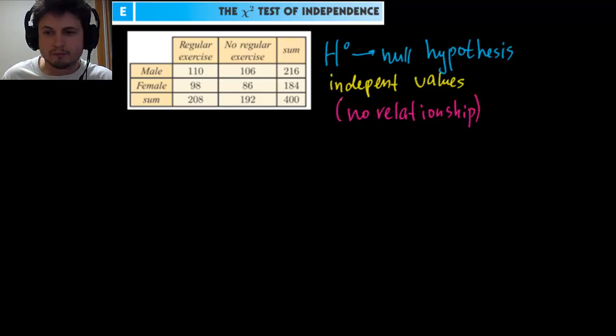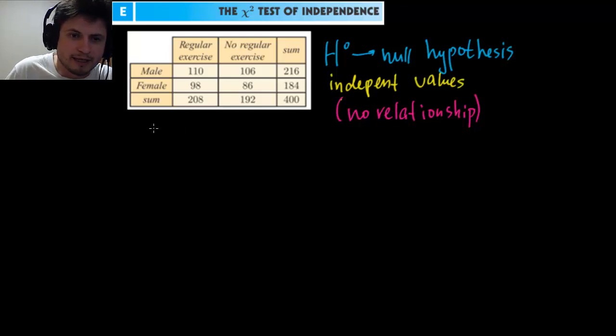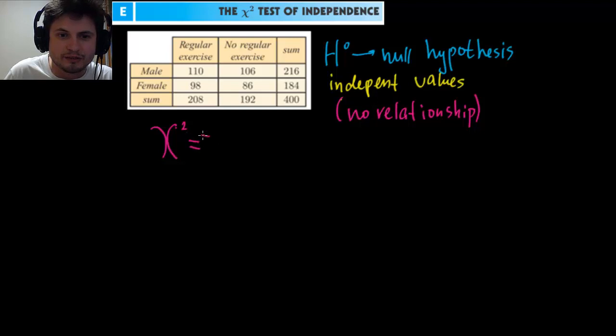And the purpose of chi-square, and I forgot to mention that chi-square kind of looks like this. It's sort of like a squiggly X, or basically a crooked X with a square on top. This is a test. It's a test to see if this null hypothesis is true or not.